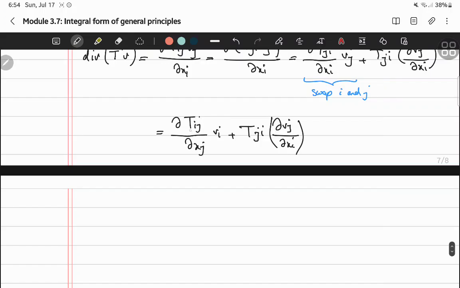We know that t_ij is equal to t_ji because the Cauchy stress tensor is symmetric.